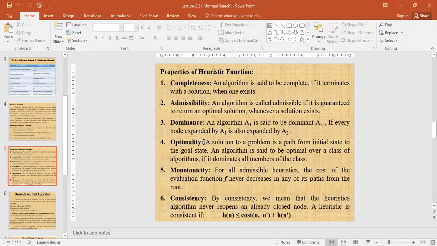Solution quality is measured by the path cost function, and an optimal solution has the lowest path cost among all solutions. An algorithm is said to be optimal over a class of algorithms if it dominates all members of the class.